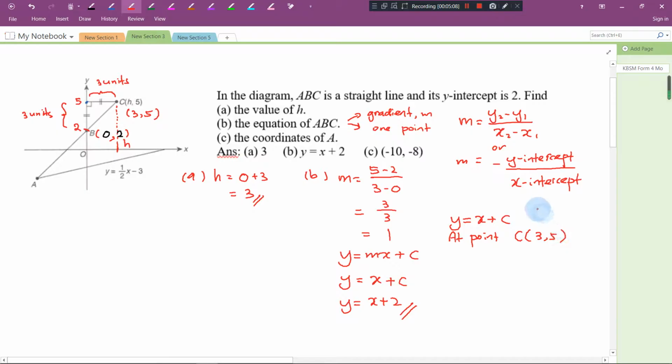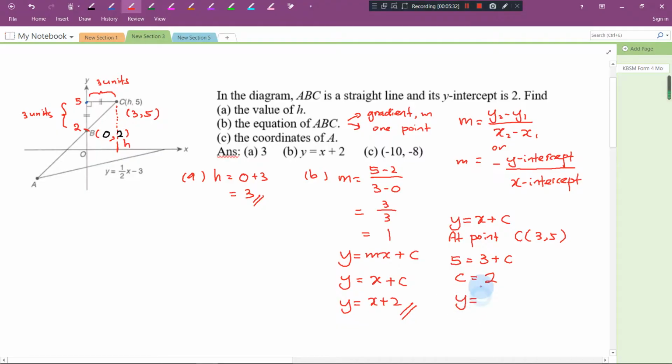I take this value, substitute here. This value, substitute here. So y is equal to 5, x is equal to 3, plus c. c is equal to 5 minus 3, which is equal to 2, right? But we cannot stop here, because the question asks for the equation. We need to write a complete equation for the teachers.